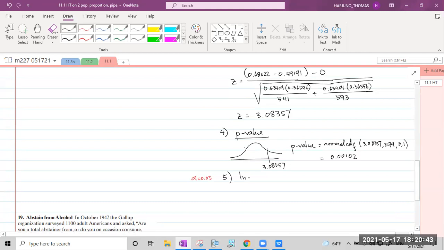So the informal conclusion is reject the null hypothesis. The conclusion, however, is none, because we don't even have a claim.